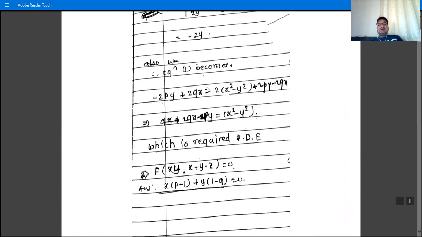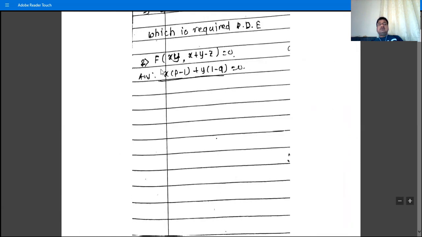So next problem is for homework: f of x into y comma x plus y minus z is equal to 0.